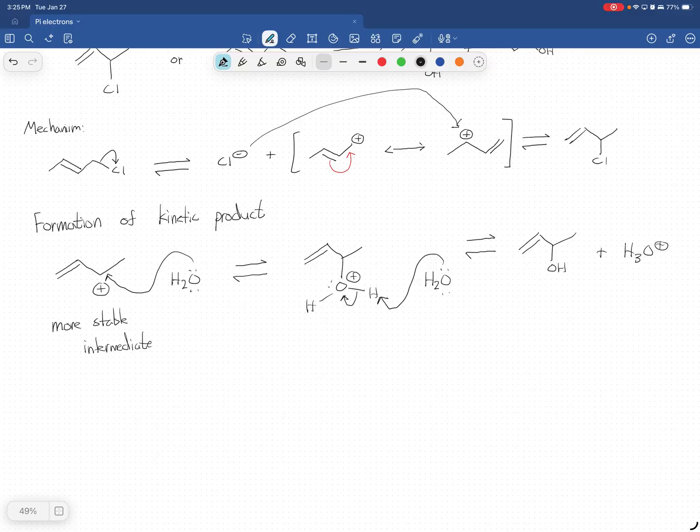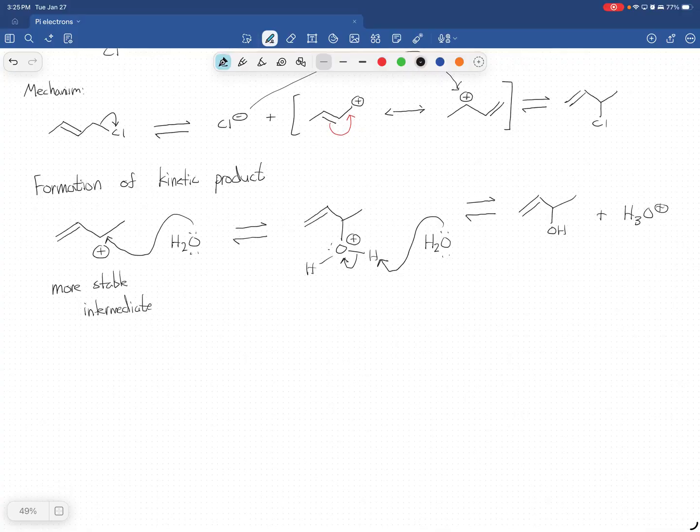But how does the thermodynamic product form? Well, instead of attacking there, we would favor the formation of the alcohol at a different position. So which carbocation would we use here for the thermodynamic?